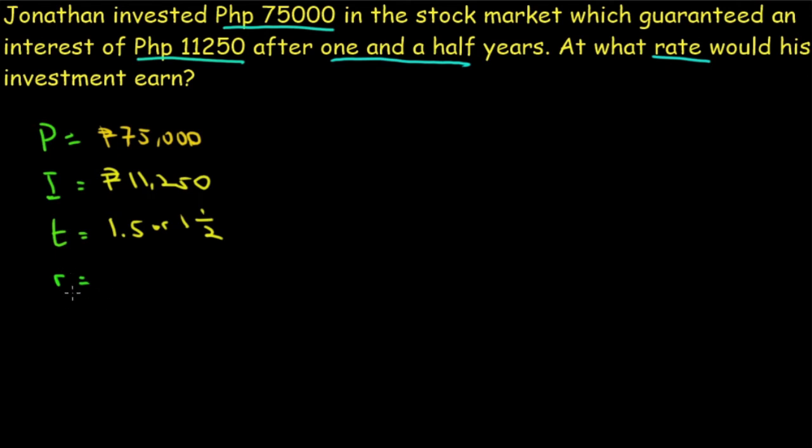Para ma-solve yung R, dapat alam natin anong equation ang gagamitin. So, ano nga ulit sa mga formula natin yung merong R? Tama. Yung formula natin for simple interest itself ay merong rate. So, yun yung gamitin natin. Again, to solve for the simple interest, we multiply the principal amount by the given rate and the given time.